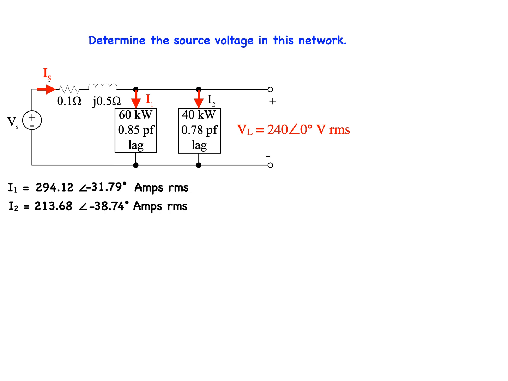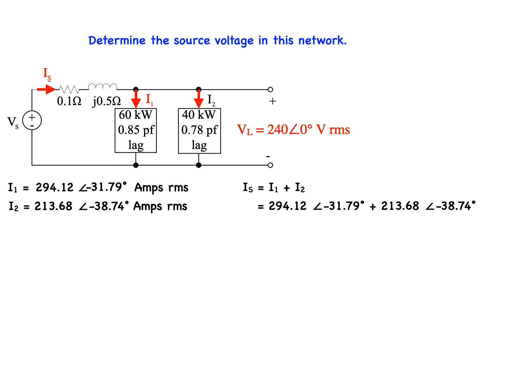Using Kirchhoff's current law, Is is given by the equation I1 plus I2. Plugging in the actual values, 294.12 at minus 31.79 degrees, plus 213.68 at minus 38.74 degrees.